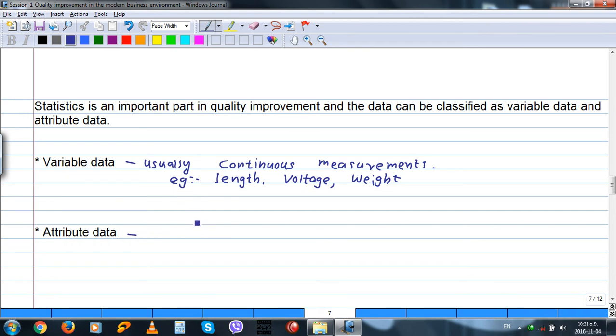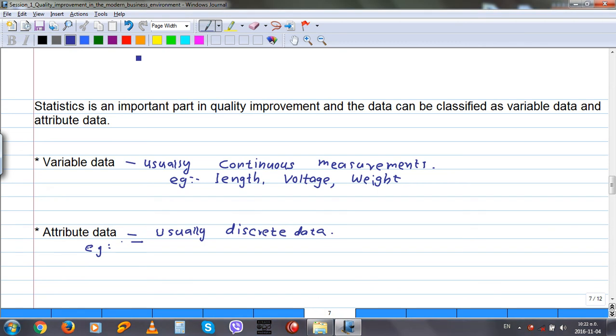And if we consider attribute data, usually they are discrete data. For examples, think of counts. All the counts are discrete data, taken from a form of counts.